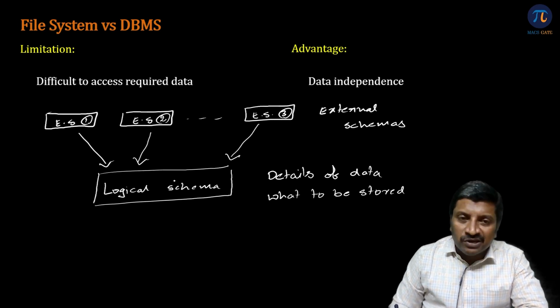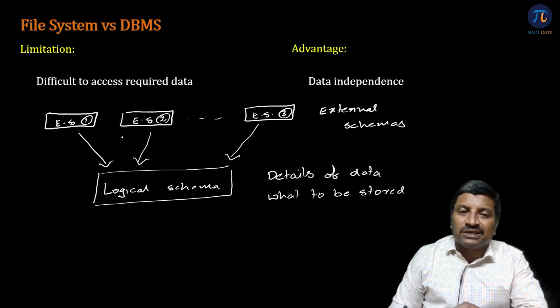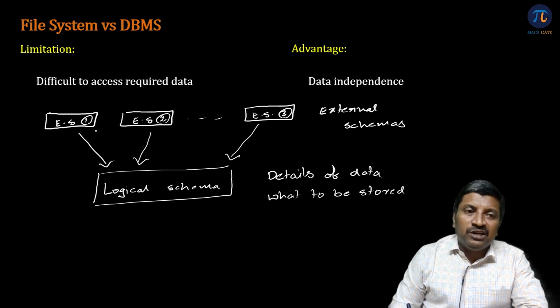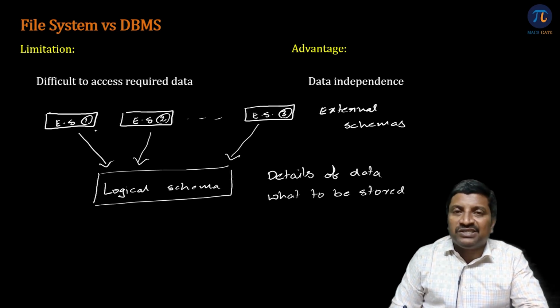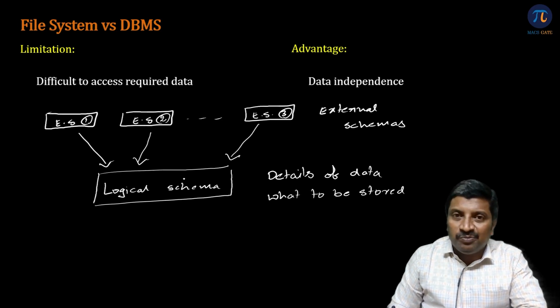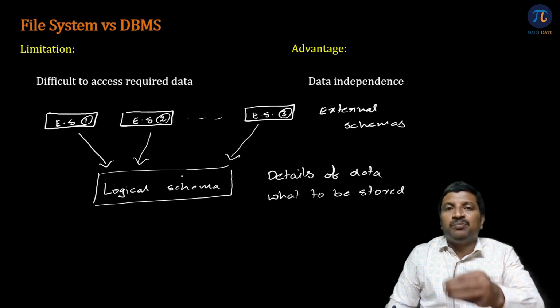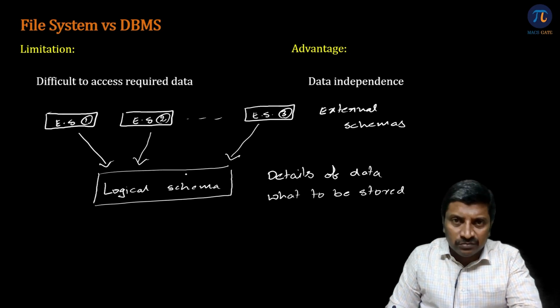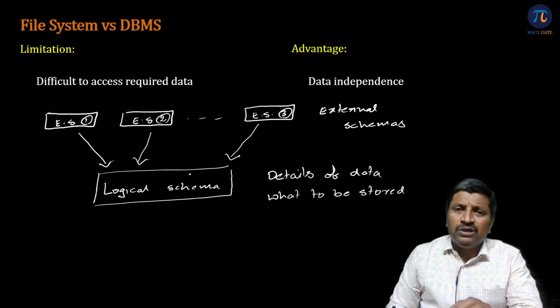To use the database, the clients need not know about the logical schema. Directly by using the interface, they can access whatever they require. So that is called logical independence.